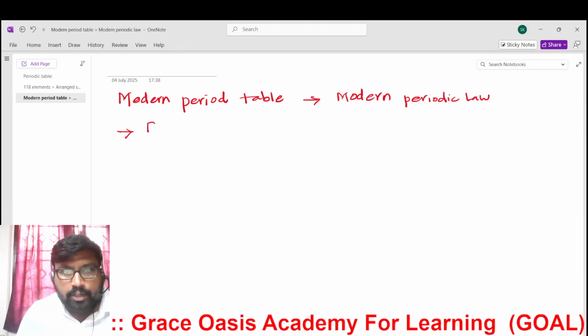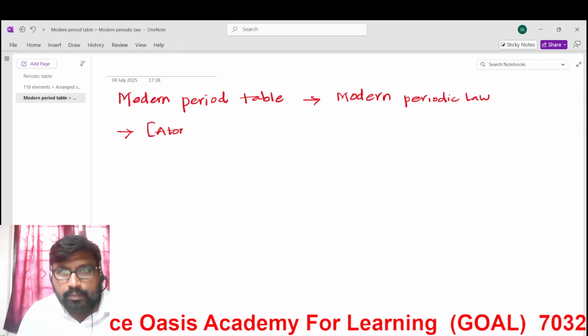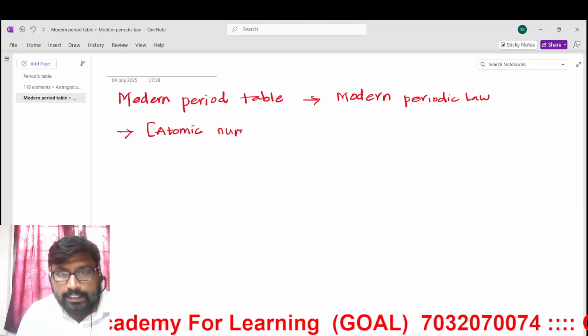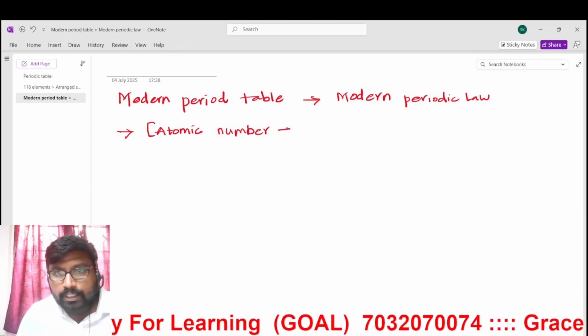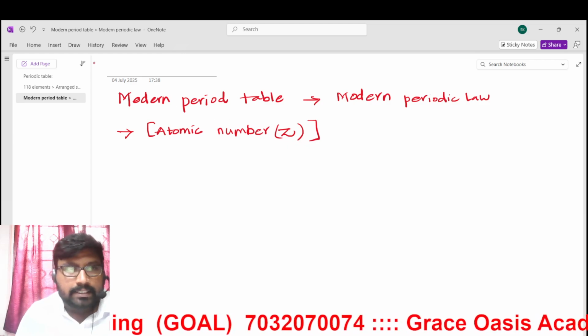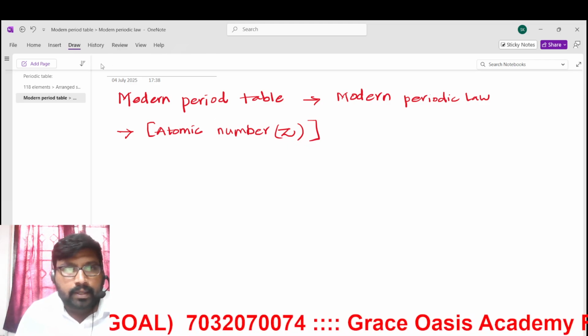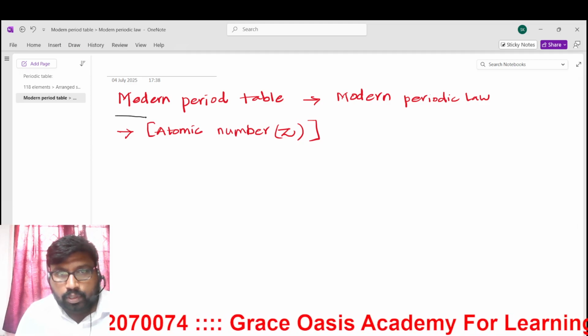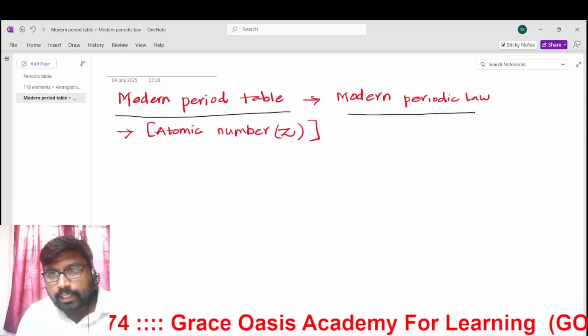It is based on atomic number. We have already seen atomic number, and it is denoted by Z. Okay, right. So, the definition of the modern periodic law.